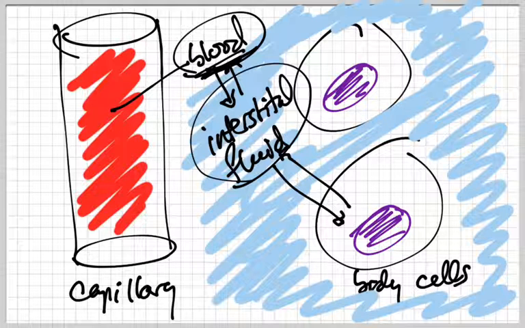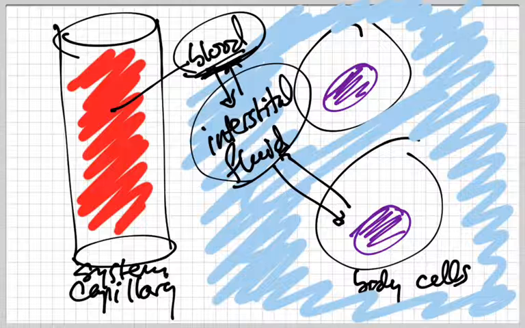For example, let's say these are the systemic capillaries. What's going to occur is that oxygen is going to move from the blood to the interstitial fluid and then to the body cells. And that's something unique about a closed circulatory system: we have blood and interstitial fluid that are both distinct from one another and do not intermix.